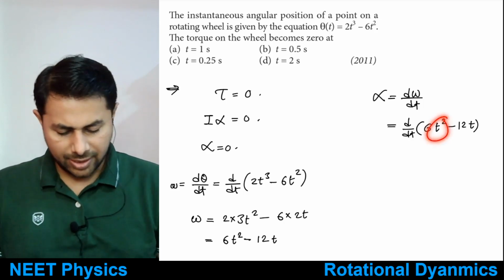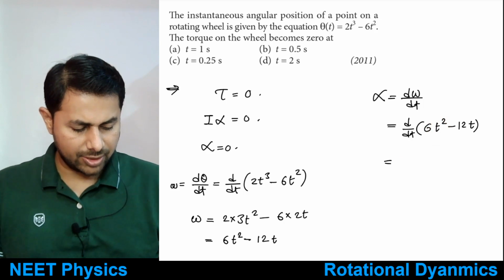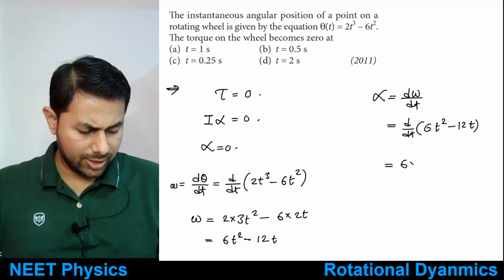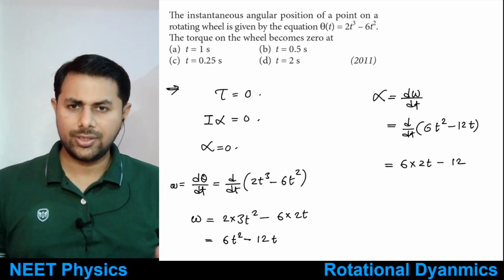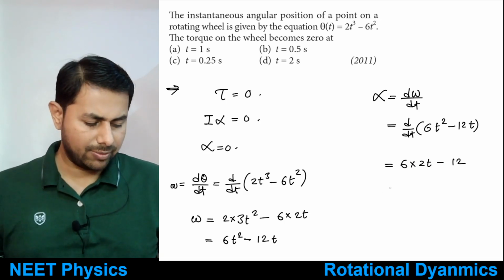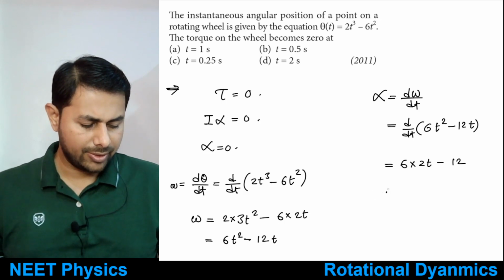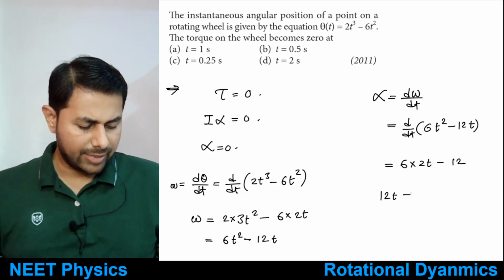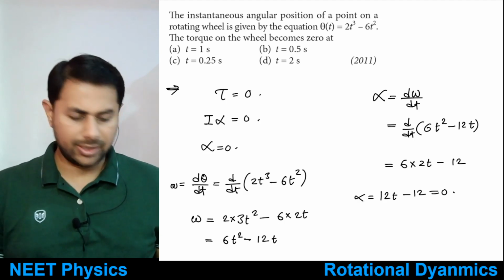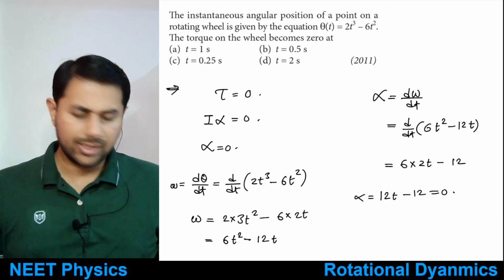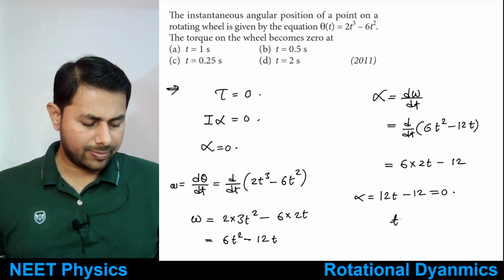Okay, so take its derivative. The derivative of t square is 2t. We have 6 multiplied by 2t minus 12, and this is equal to 0. So 6 times 2t means 12t. 12t minus 12 is equal to 0. Alpha is 0 means this thing is 0. So 12t is equal to 12, means t is equal to 1.